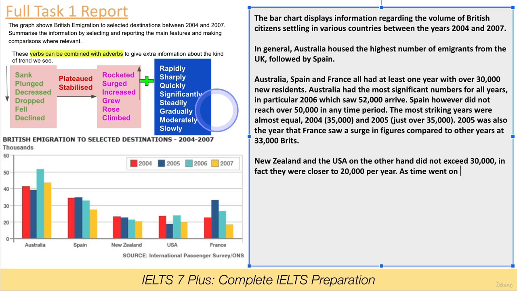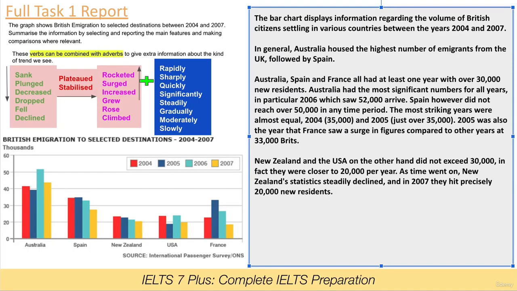As time went on, New Zealand's statistics steadily declined, and in 2007 they hit precisely 20,000 new residents from the British Isles. Different ways of saying Britain.